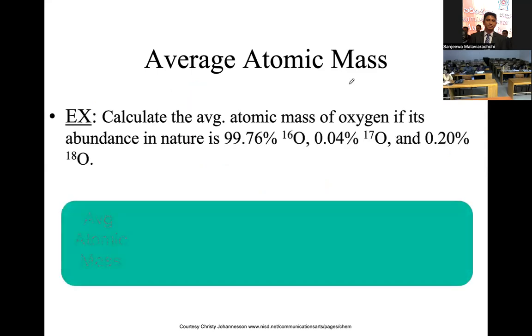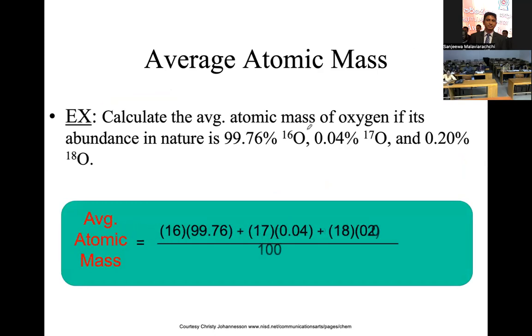For example, consider the average atomic mass of oxygen. You are given the abundances of O16, O17, and O18, the isotopes of oxygen.